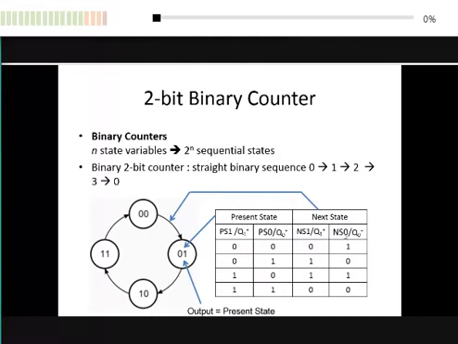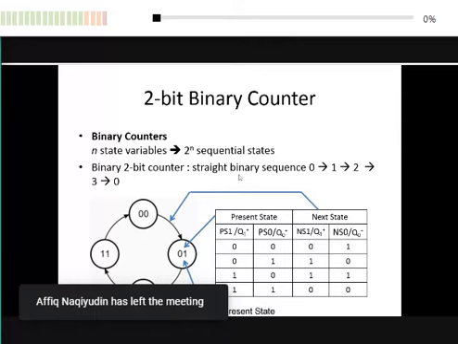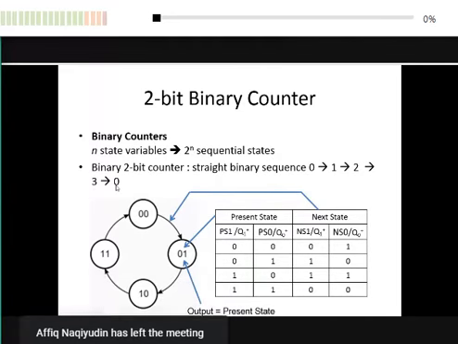If you start from state 0, you can see the arrow there, you start the sequence from 0 and then move up to 1, move up to 2, move up to 3, and then automatically restart at 0, and the process will continue, okay? As shown in the state diagram.